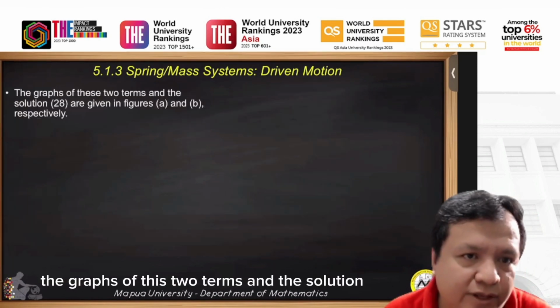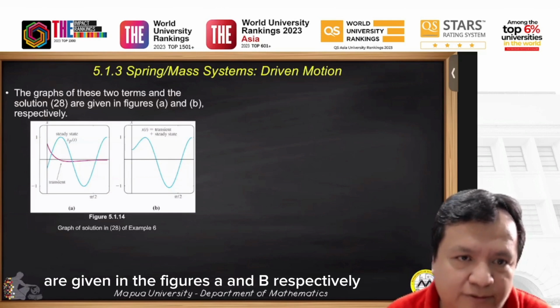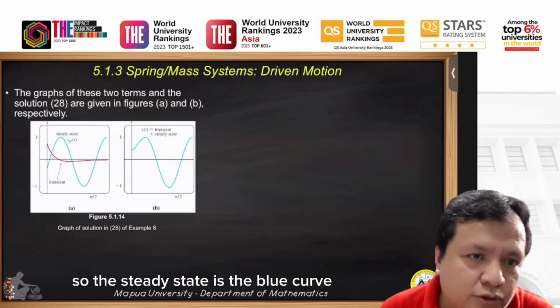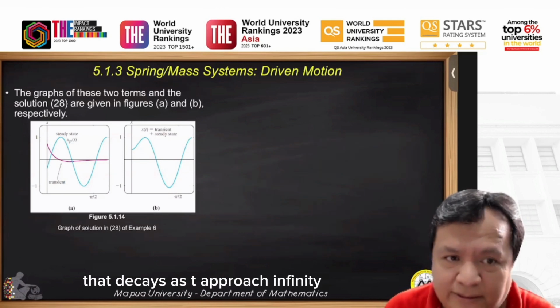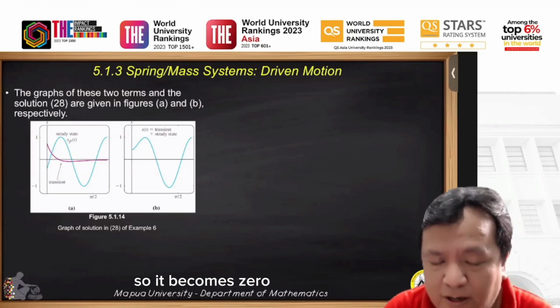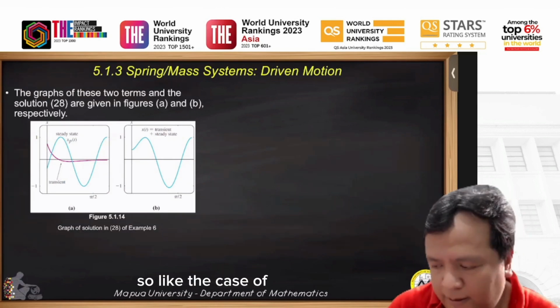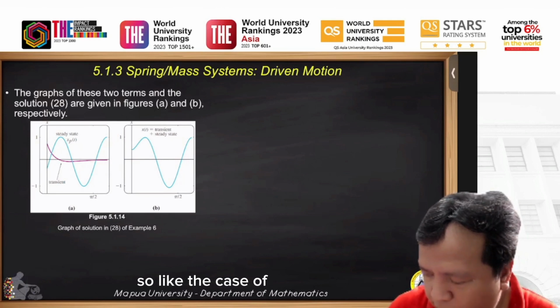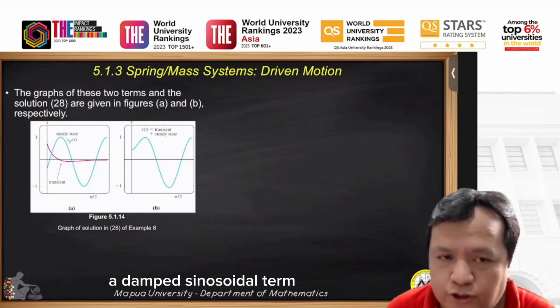The graphs of these two terms and the solution are given in figures A and B respectively. So the steady state is the blue curve, and the transient is the pink that decays as t approaches infinity, so it becomes 0, like the case of a damped sinusoidal term.